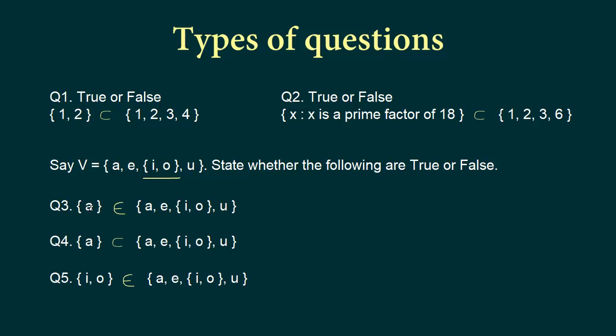A set that contains element A, does this set belong to set V? The set that contains element A, is this a subset of the set V? The set that contains elements I, O, does this set belong to set V? So these are some of the types of questions we are going to find out how to solve.